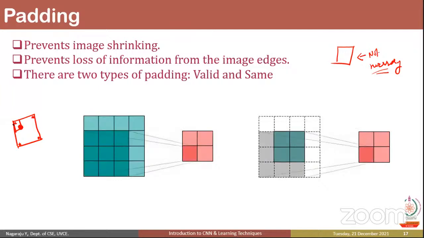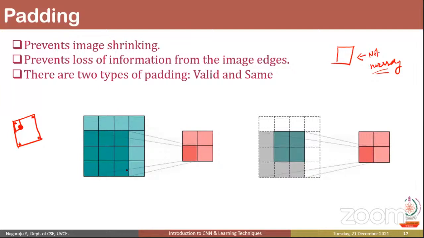So what to do now? How to overcome this issue? To overcome this issue, they introduce something called padding. You can see here, if we don't want to shrink our image, the first example is not shrinking.